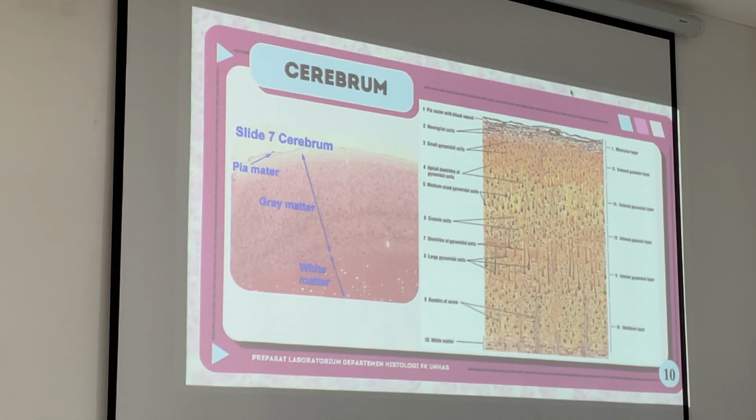Actually, there are three layers of brain coverage, but the only one we can see is the pia mater because it's directly attached to the brain. The others are attached to the skeletal bone. Okay, this cortex cerebri has six layers.